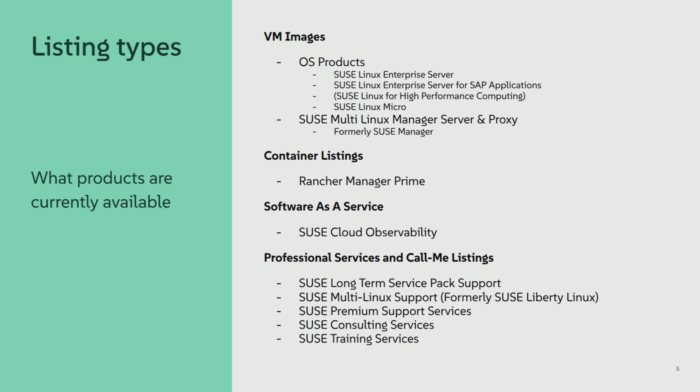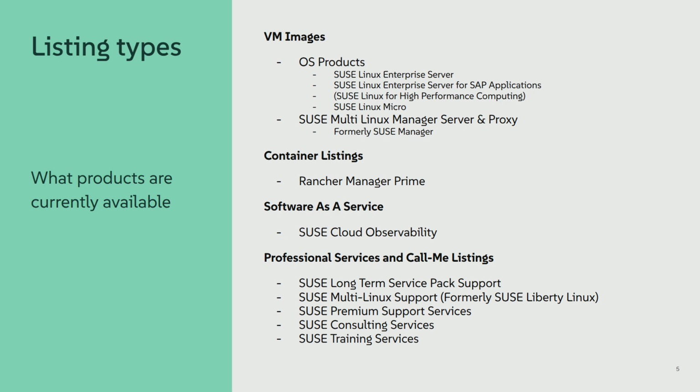Then there's SUSE Multi-Linux Manager, which has 2 listings, the server and the proxy. And then we have a container listing at present, which is Manager Prime. And then we have software as a service with the SUSE Cloud Observability.